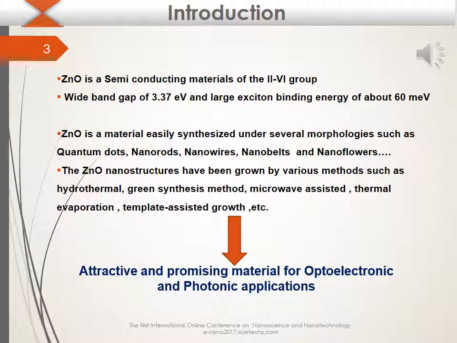For example, hydrothermal method, chemical vapor deposition, electrochemical method. However, hydrothermal method is a very simple and easy method used for obtaining nanostructures in a specific shape and size. That's why zinc oxide is considered an attractive material for optoelectronic devices.